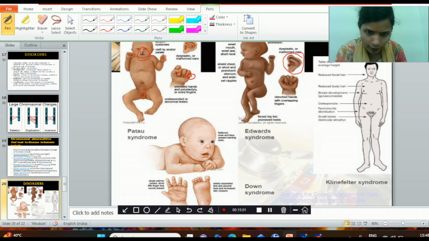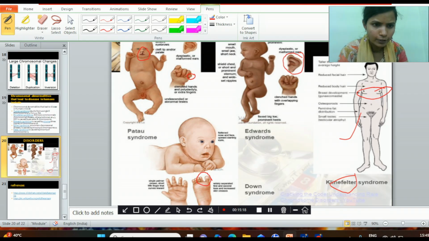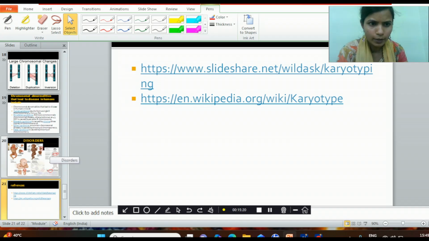And in Down syndrome there is a gap in the fingers. In Klinefelter syndrome, in male there is formation of female characteristics. So this is called chromosomal aberration.